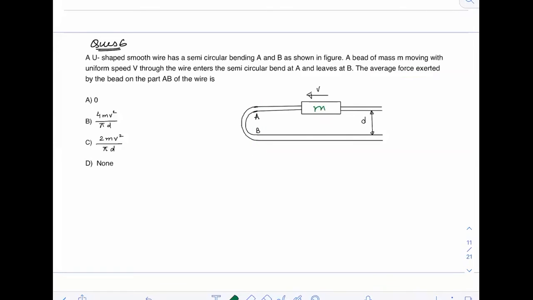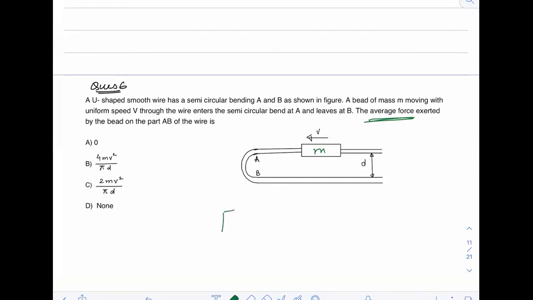So start solving this question. Just focus on average force. So how do we give average force? Average force is given as total change in momentum divided by time taken.